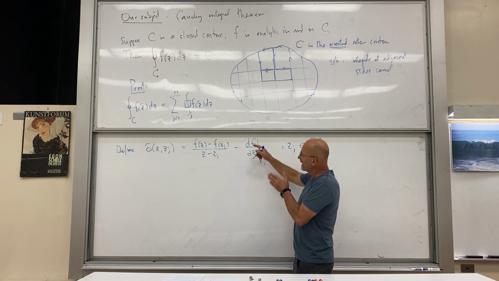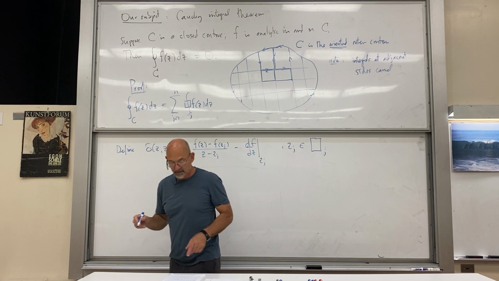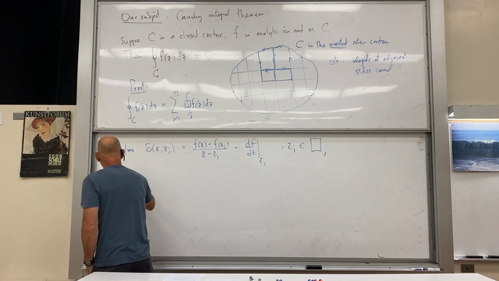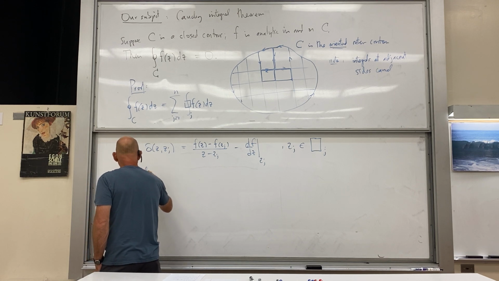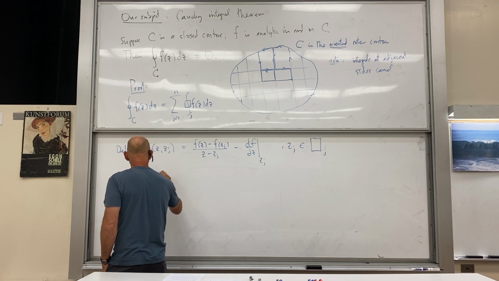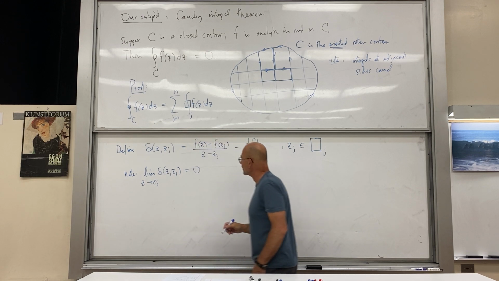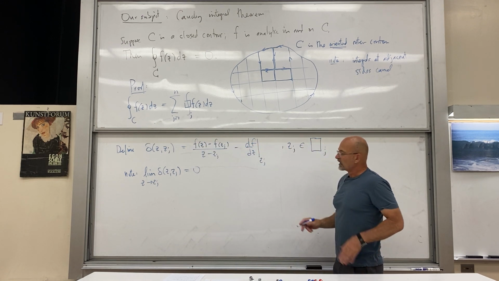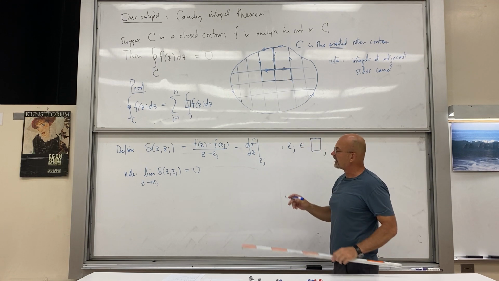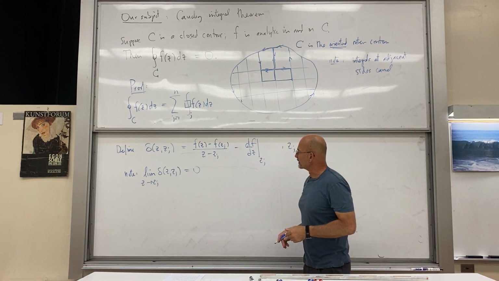Okay, so we've defined this thing, and now let's look at its magnitude. We'll do the magnitude first. Note, the limit as z goes to z sub j of delta of z and z sub j is equal to 0. And we're going to use that because the smaller you make one of these boxes, the finer you make that grid, the smaller this thing is in a controlled fashion.